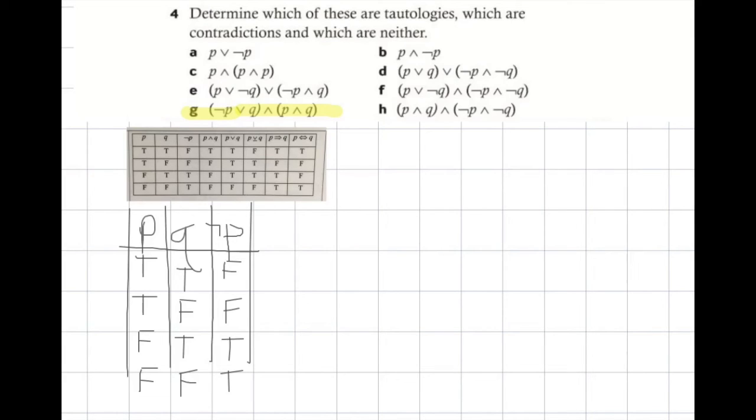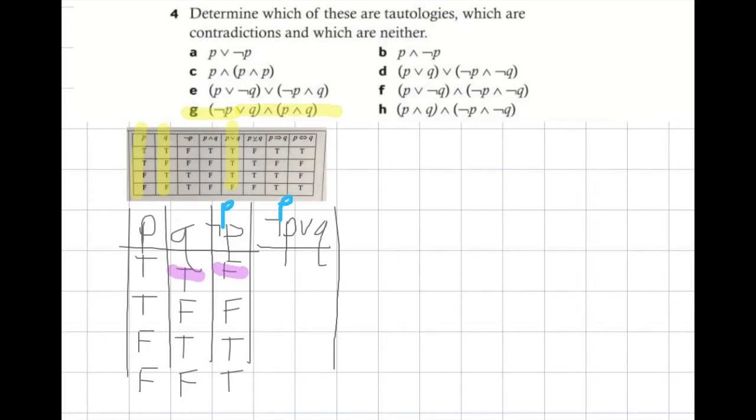Okay, then we're going to combine them. So not P or Q. So we are going to look at the OR column, which is this one here for P and Q. And my statement P is actually this one here, and Q is Q. So first one we have false, true.